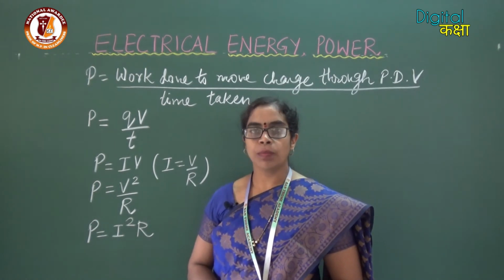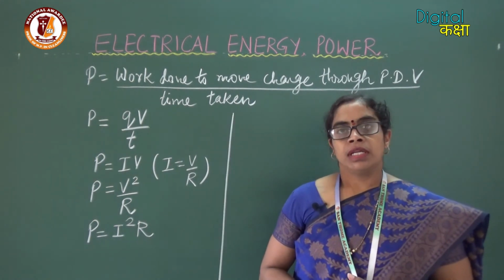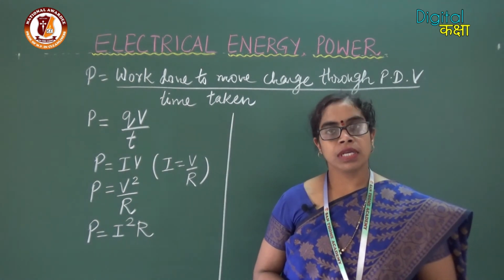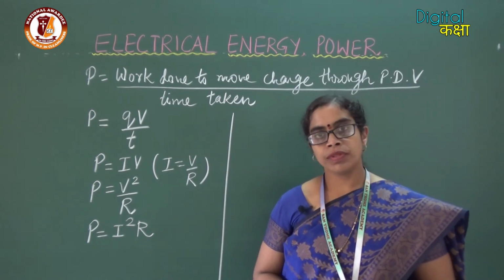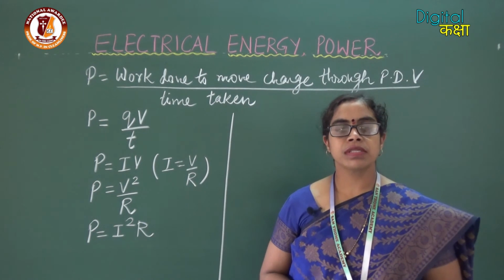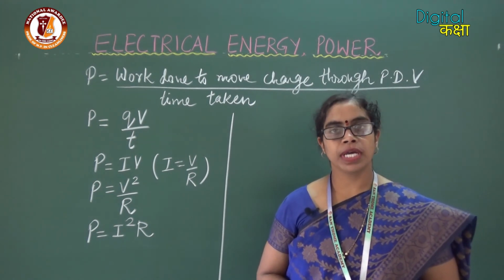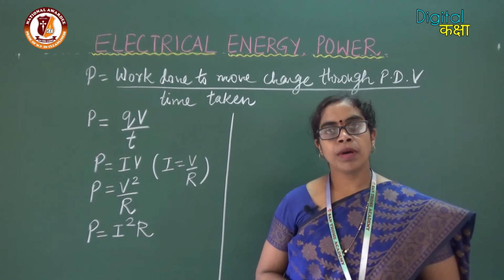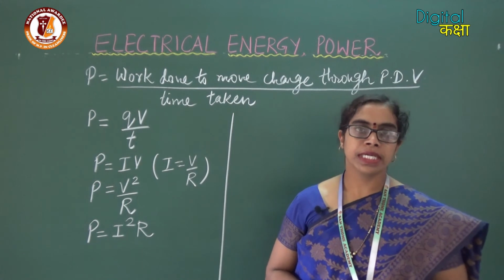Coming to the next topic, that is electrical energy. When current is flowing through any circuit, due to the flow of current through any device of a specific resistance R, for a particular time t, some amount of electrical energy gets converted to heat energy.